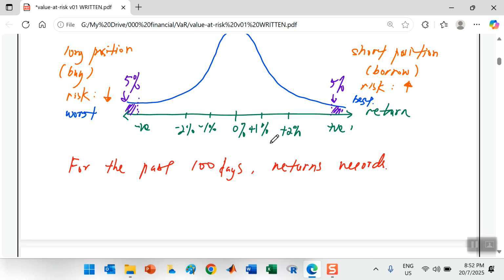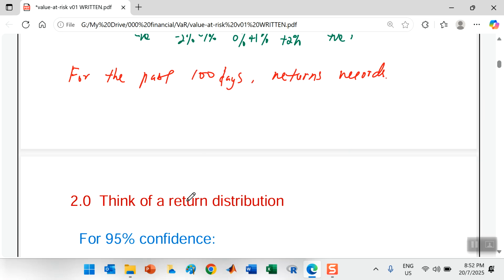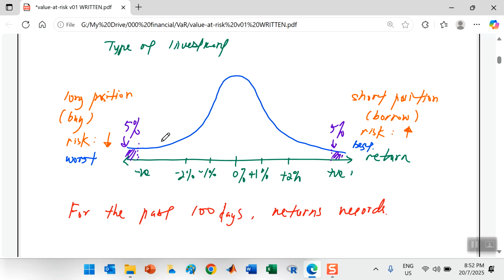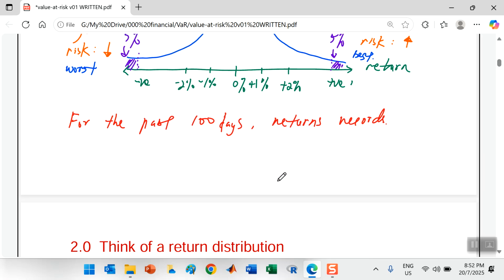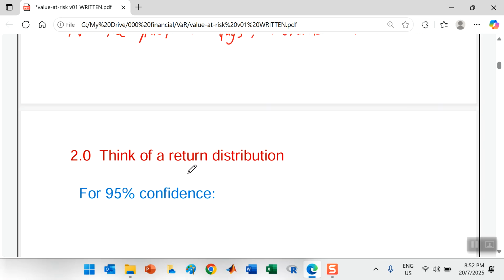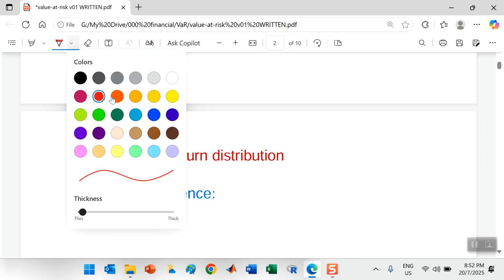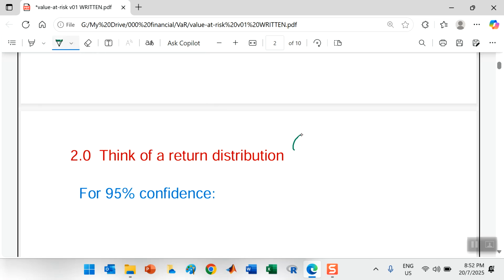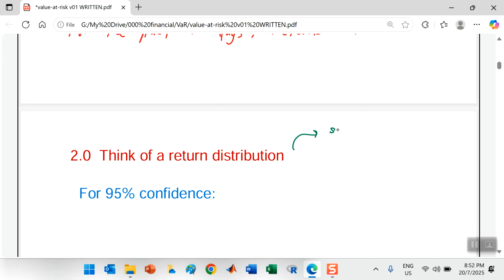Okay, so if now we have a distribution to represent our returns over the 100 days, then most probably we can just say that the appropriate distribution to be used should be symmetric. So this is the common characteristics of the returns.